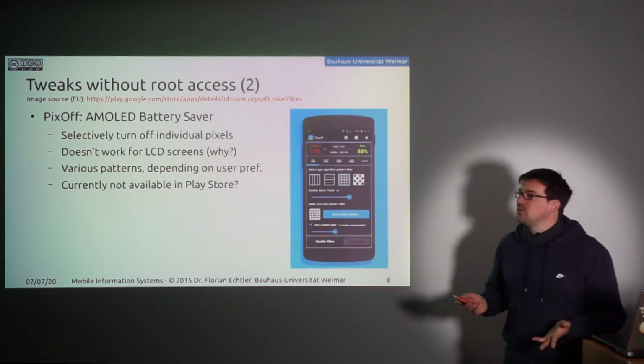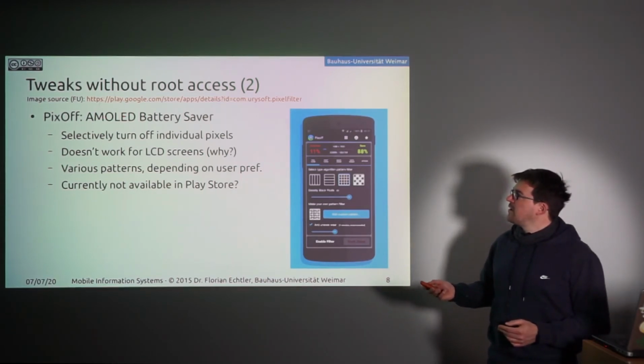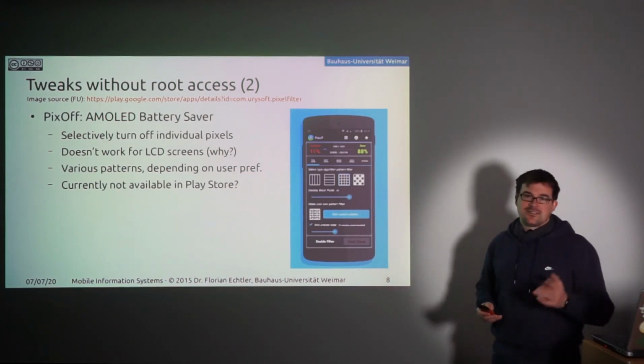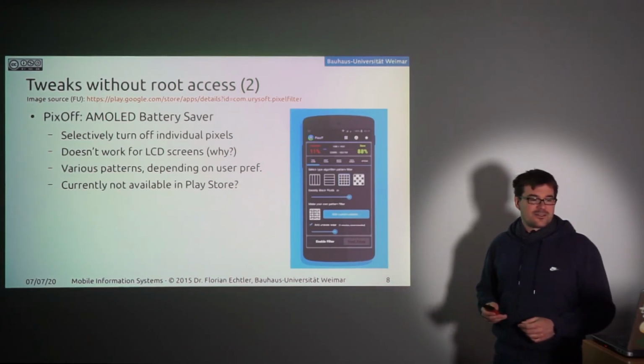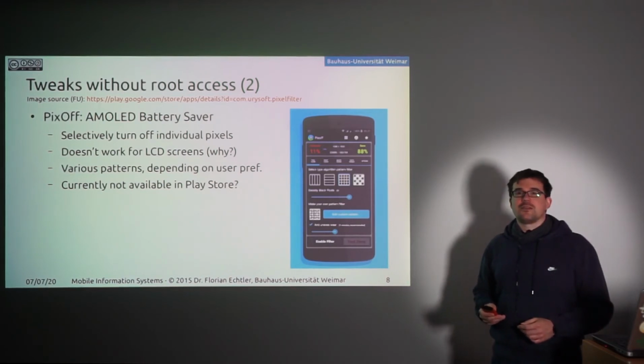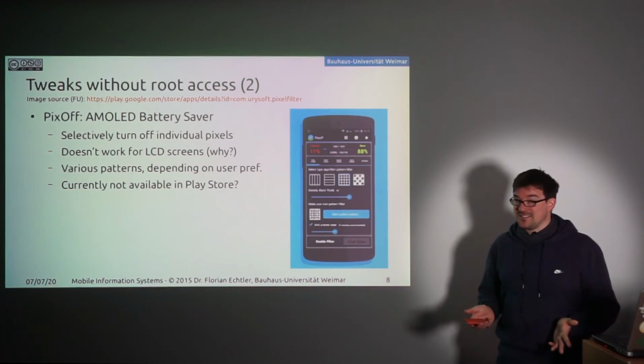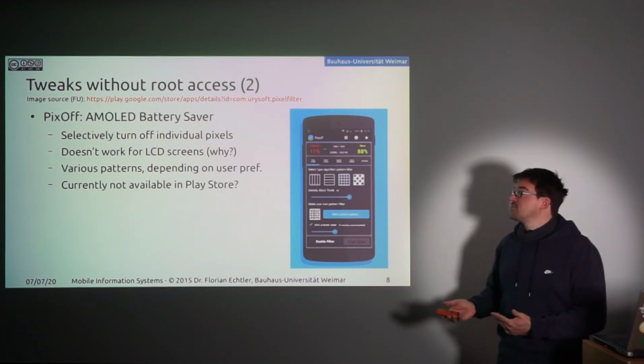And of course, this only works for OLED screens. It does not work for LCD screens. This is also something I would ask you to think about for a moment now. Why doesn't this work on an LCD screen, but on an OLED screen?